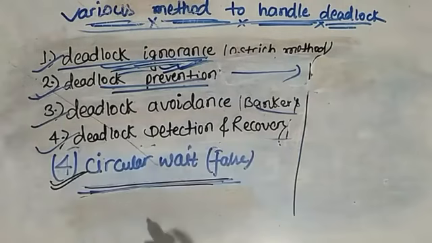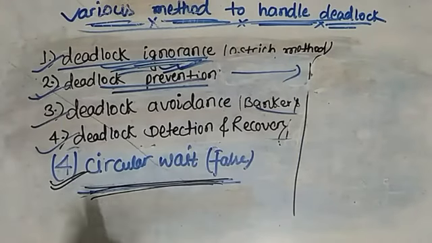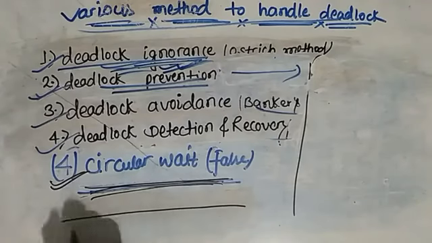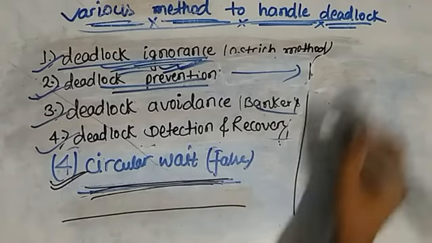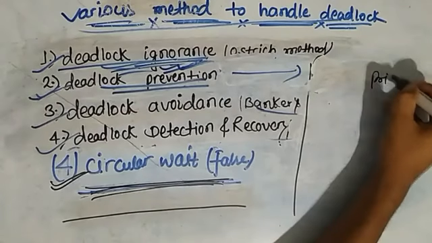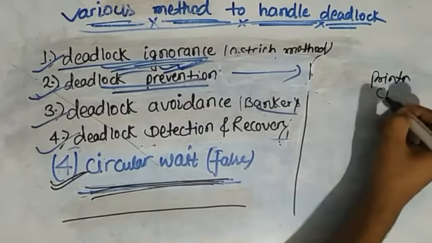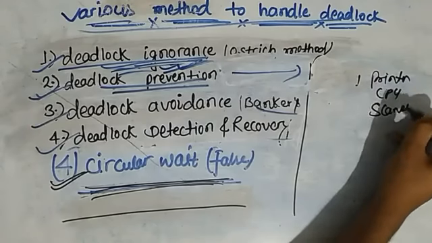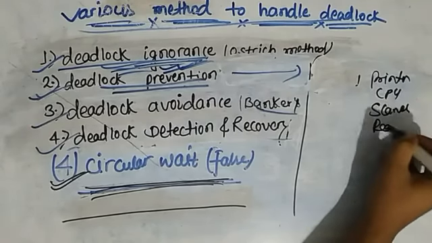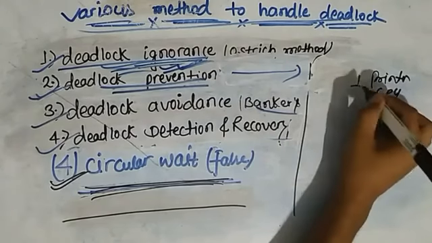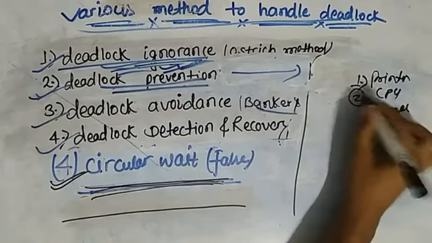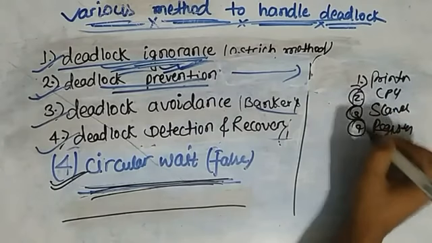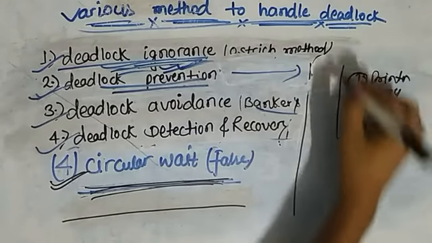For negating circular wait, just number all the resources that are present. Just like we have a printer, CPU, scanner, and register, number them all: first, second, third, and fourth. You might be thinking why we have numbered them.